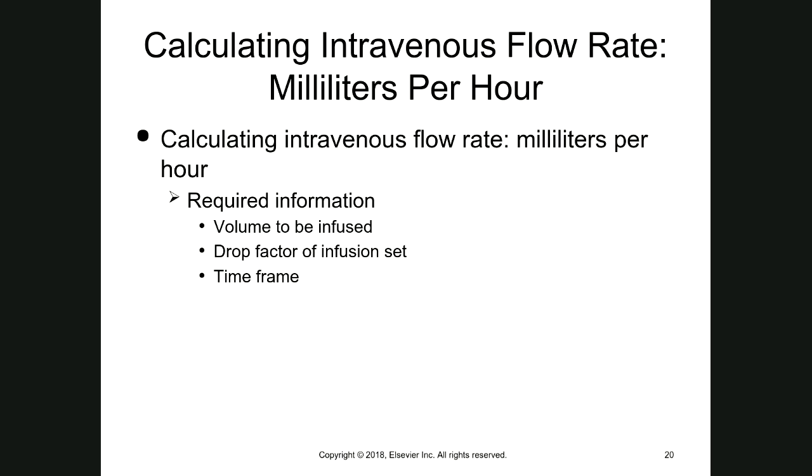Now, for keep the vein open, the most you would give is say 60 drops per milliliter and 250 milliliters of IV solution. The KVO is usually regulated to deliver 10 to 20 milliliters per hour. You never want to exceed 30 milliliters per hour when you're doing the KVO.